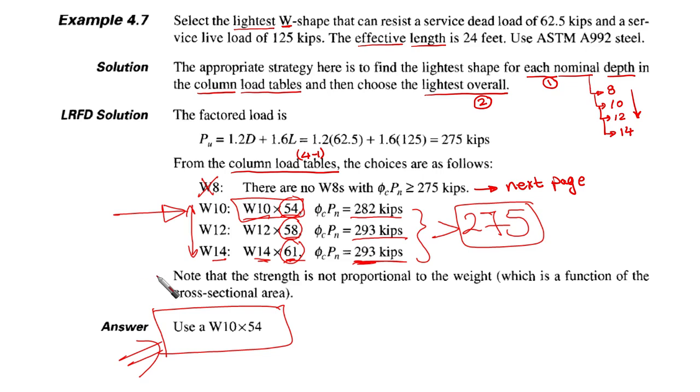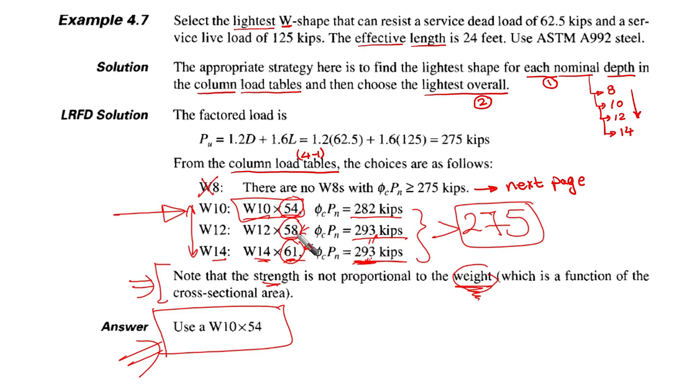There is something that we need to take care of: note that the strength is not proportional to the weight, which is a function of the cross-sectional area. The strength has nothing to do with the weight. For example, here the weight is 58, here the weight is 61, but the two strengths are the same.